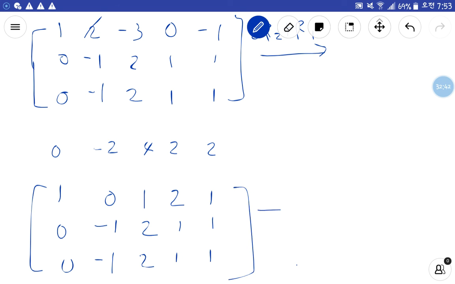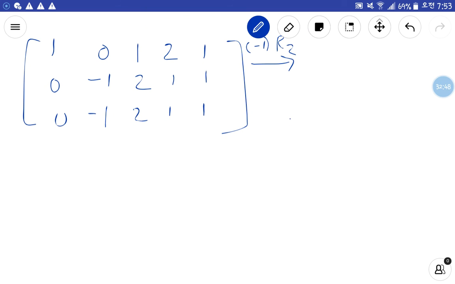Now multiply the second row by negative 1 so that I can make it into 1. And that would be 1, 0, 1, 2, 1, then 0, 1, negative 2, negative 1, negative 1, then 0, negative 1, 2, positive 1, and 1.